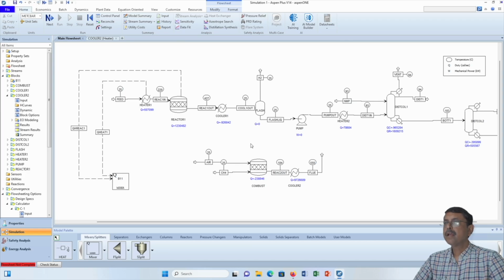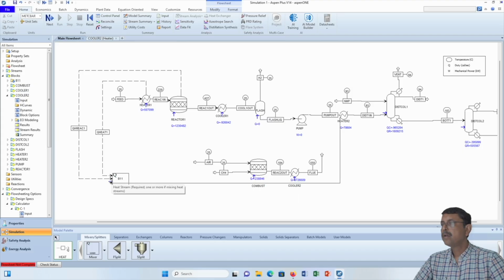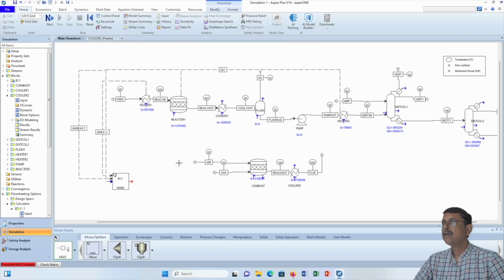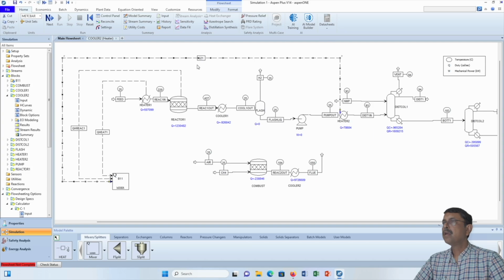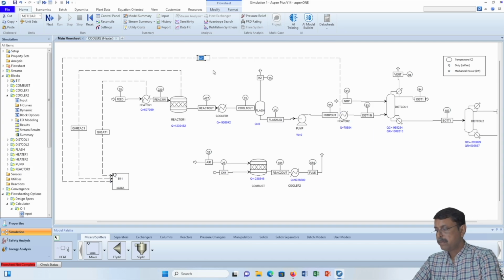Then collect the heat from here also. Term it as Q heat 2.